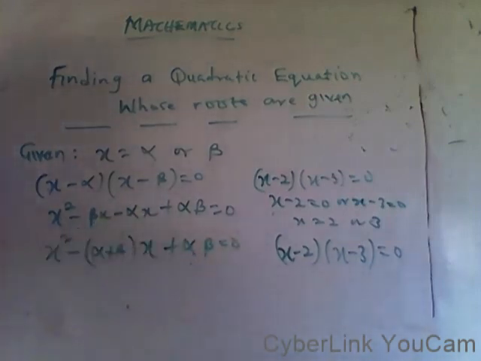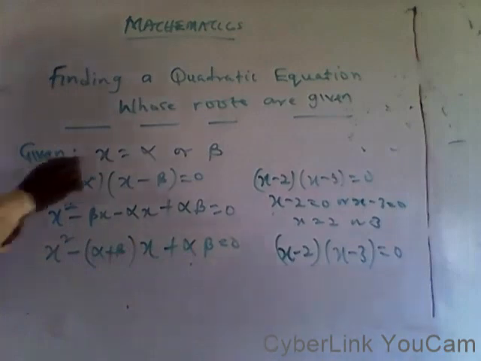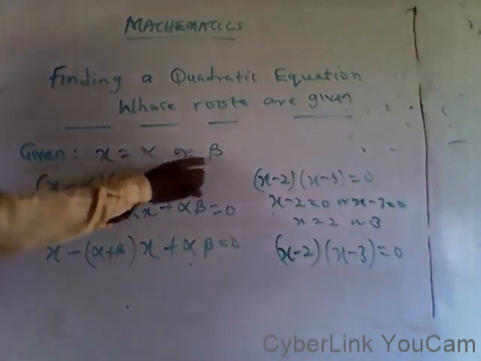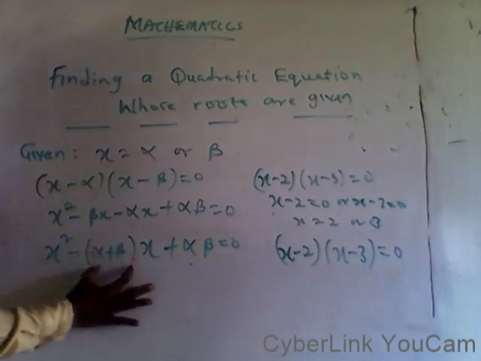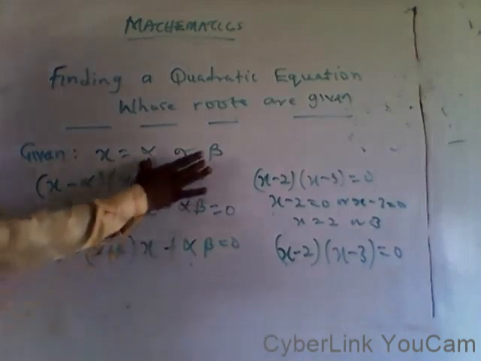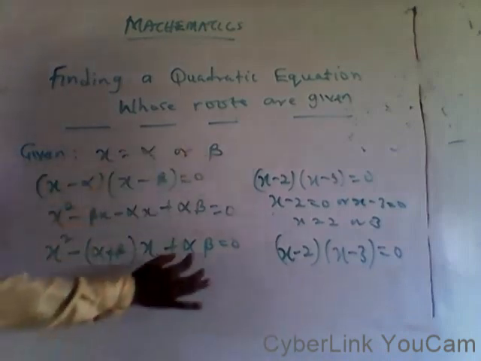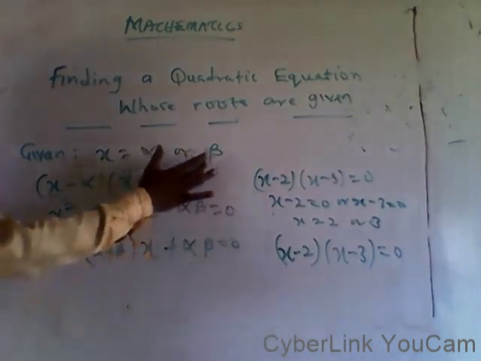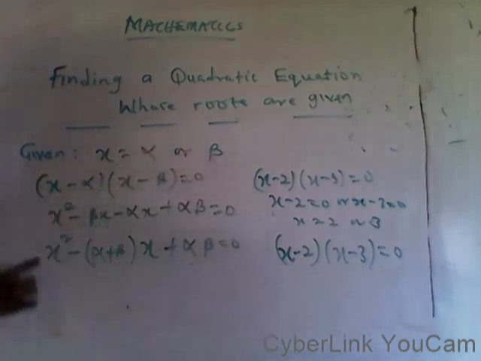You notice one thing here: alpha plus beta is the sum of the roots, and what we have gotten from here is the product of the roots. And the coefficient of x squared is 1. Please take note of that.